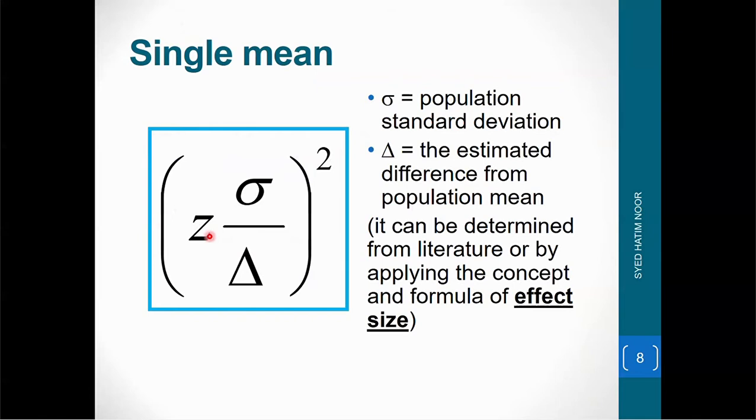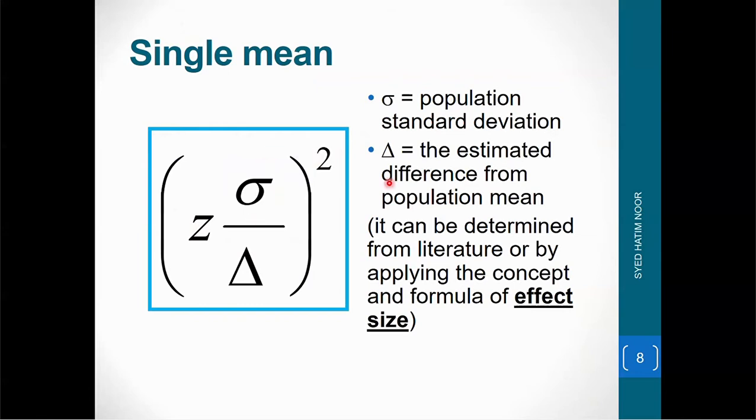For example, if you set your alpha at 0.05, then your confidence interval will be 95%, so your z value will be 1.96. It is fixed. If 95% CI, then your z value will be 1.96. And then standard deviation.